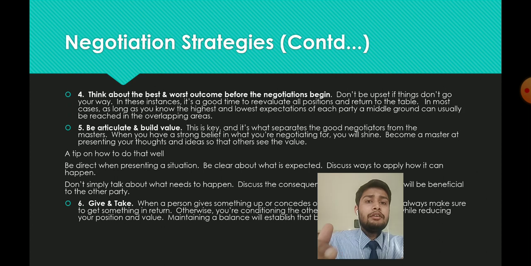And the last point in a negotiation strategy is give and take. You always have to remember that if you are giving something, you have to take something. If the other party says that I want 1 lakh rupees for this, you can agree to that, but you have to say that if I am giving you 1 lakh rupees, I want these things.